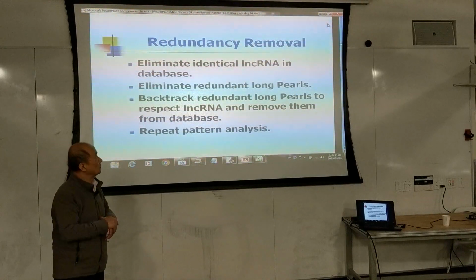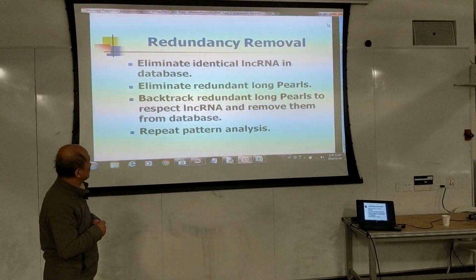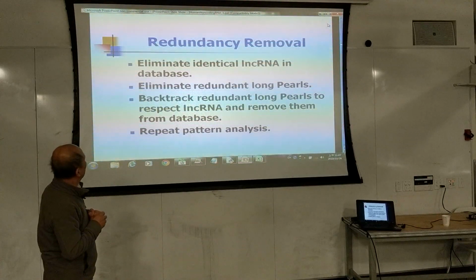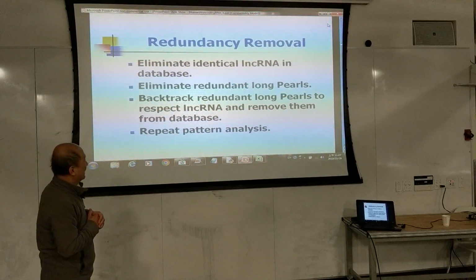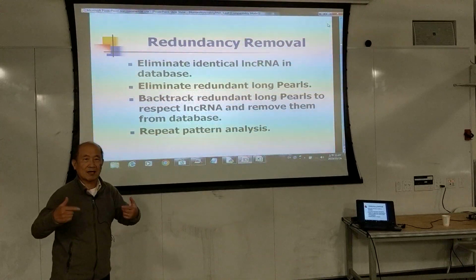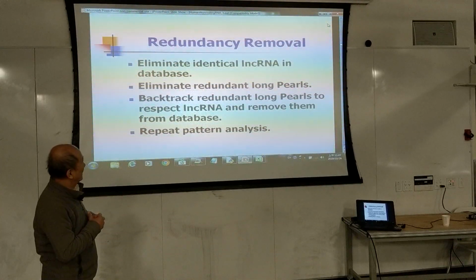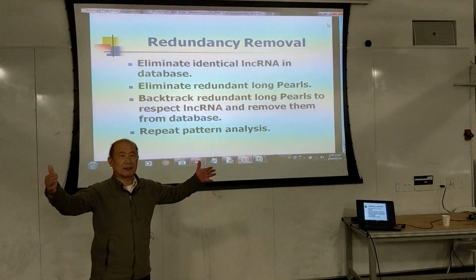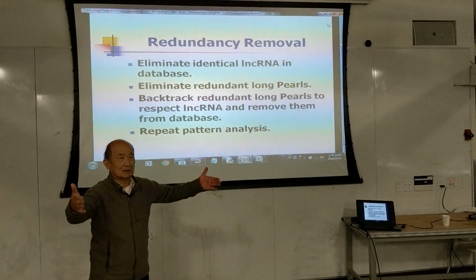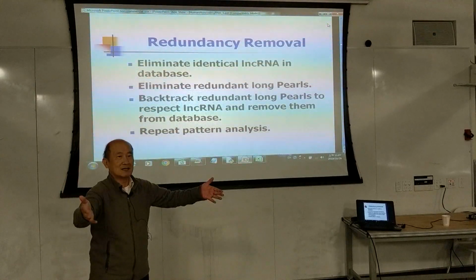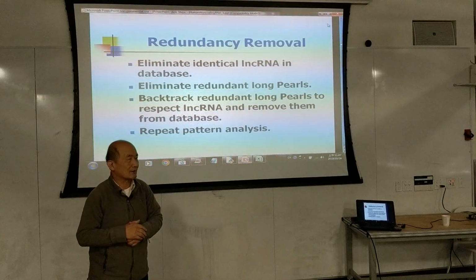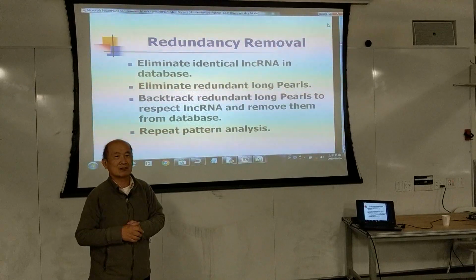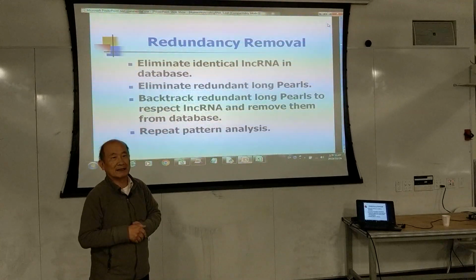It is quite tedious, and it takes lots of computer time to find these repeats. It is very easy to find if two RNAs are duplicates. Excel can do it. Excel has a checkbox that says remove duplicates. You just check it and it will remove all the duplicates very easily.